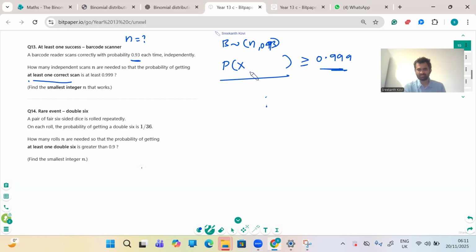I know this is a thinking hard question. However, if you try to understand clearly, I will explain the context behind it. The probability that a scanner reads the barcode correctly is 0.93, meaning it is more reliable, a very good chance of reading the barcode correctly.